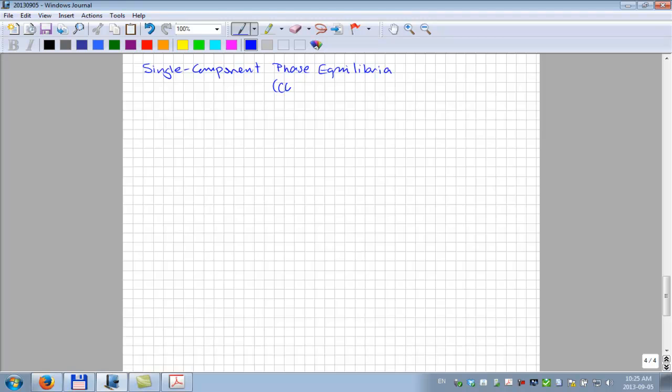Chemical equilibrium, phase behavior, all these terms that we're using are for basically looking at what phases do we have, how much of each phase, and what is the composition of the phases.